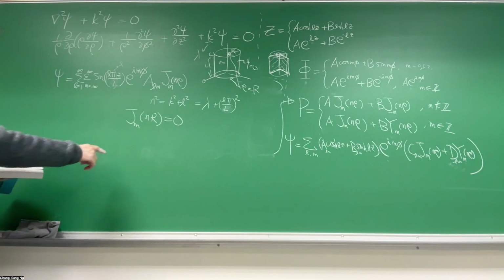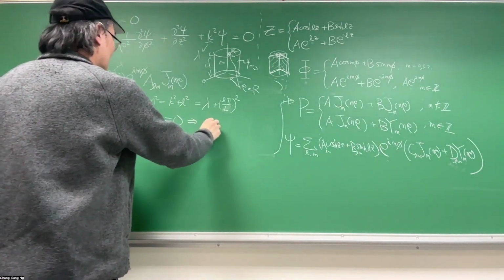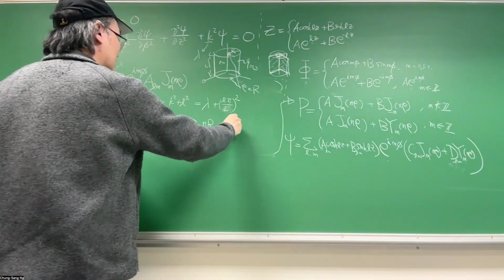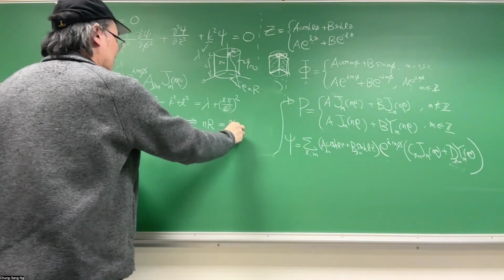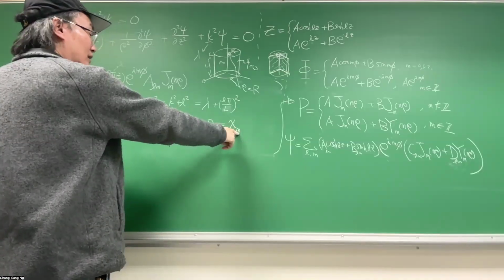Okay, so that is the boundary condition, and that implies n R equals the zero of the Bessel function m, and usually you have infinitely many zeros.